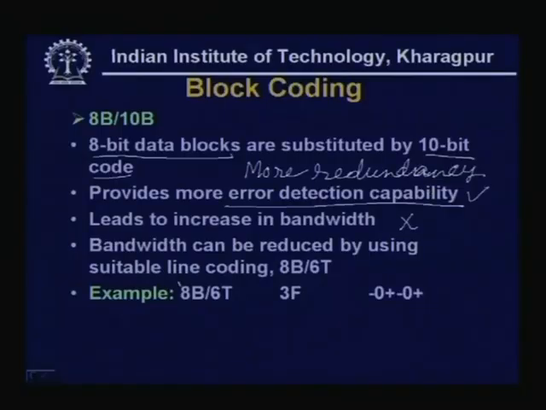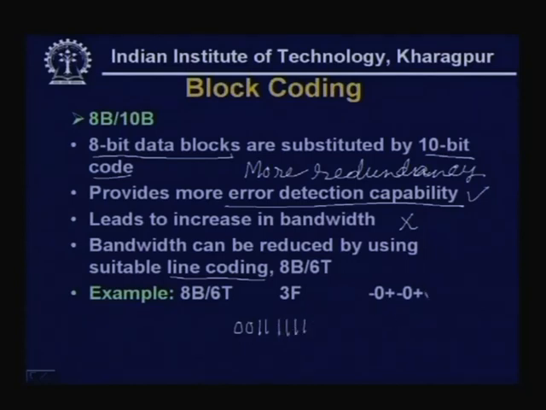How do you overcome this problem? This problem can be overcome by using suitable line coding. For example, let us assume that 6B to 8B encoding is done, then the line coding can be done from 8B to 6T. Suppose after encoding the 8-bit data is 3F, where 3 is 0 0 1 1 and F is 1 1 1 1.